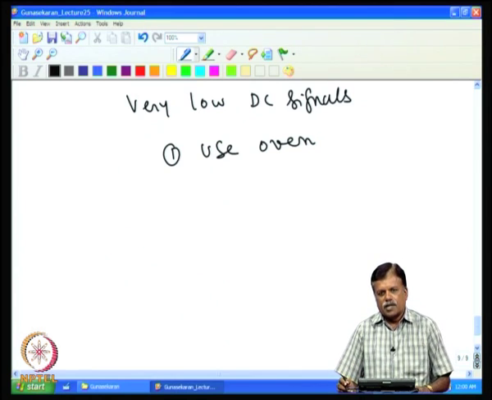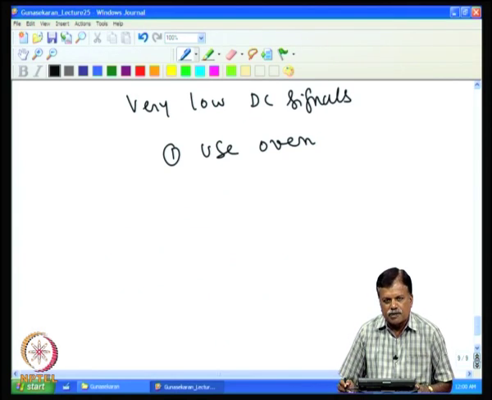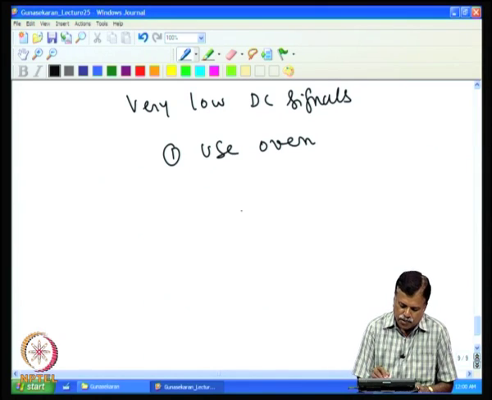You can have very small size ovens available, and the front end alone can be housed in that.